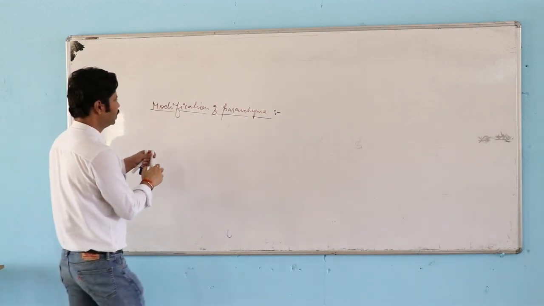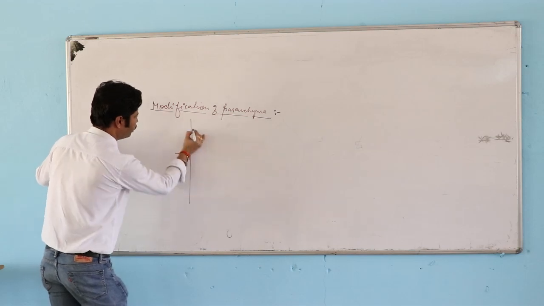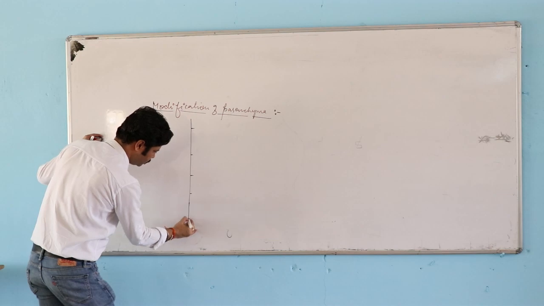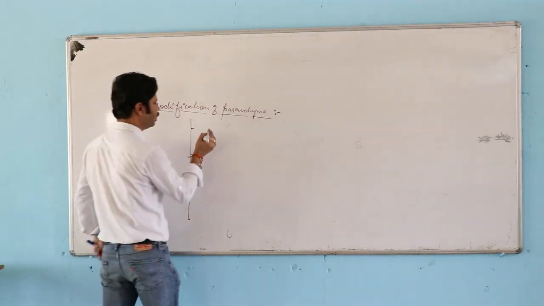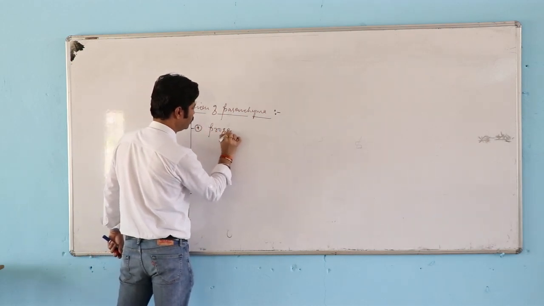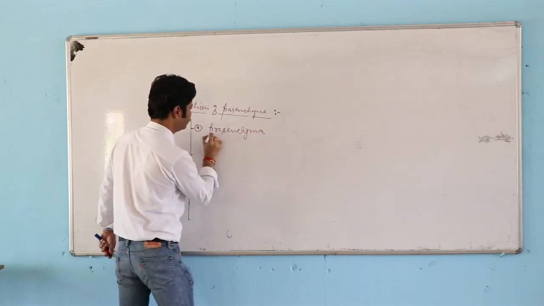Basically, there are the following modifications of parenchyma. These are given. First one is prosenchyma.